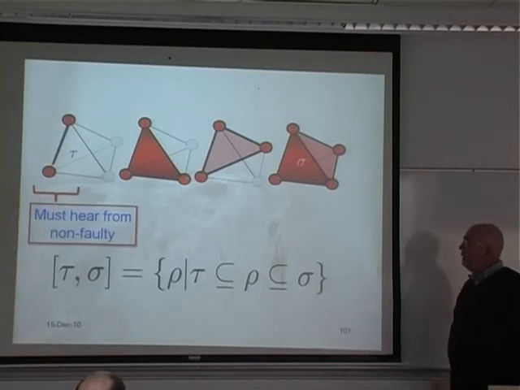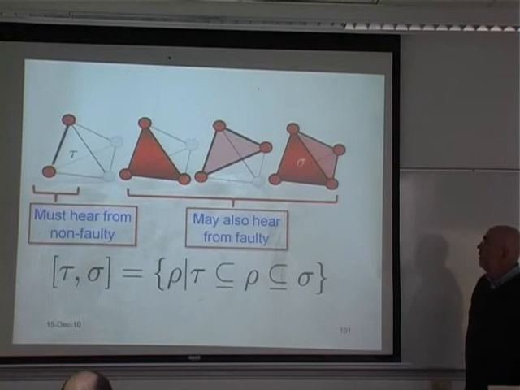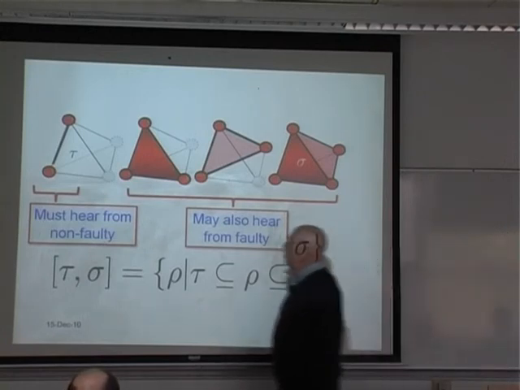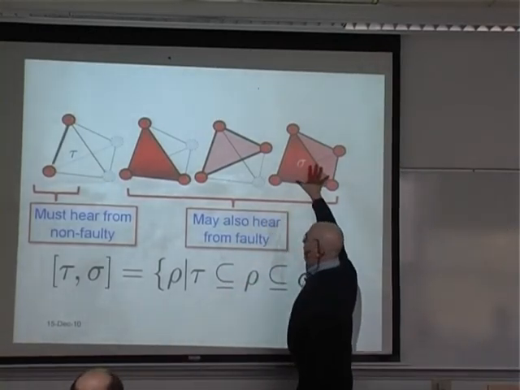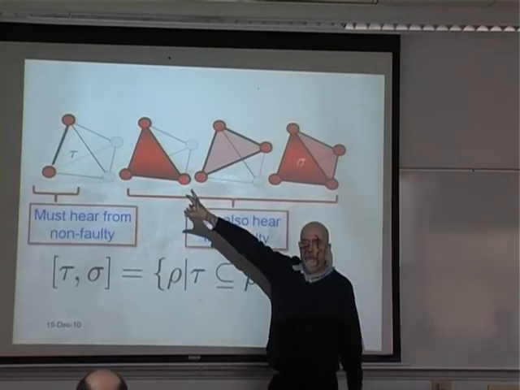And how does this translate into our synchronous model? Well, in every round, there's going to be some set of processes that don't crash. You must hear from them, because they're non-faulty, they send messages to everyone. Particularly, they're going to send messages to you. Now, processes that do crash, you may or may not hear messages from them. So let's assume that we start out with sigma, and then the adversary fails everyone but tau.